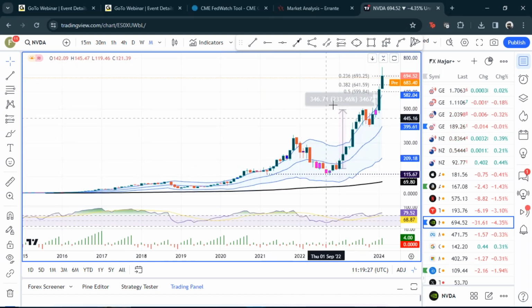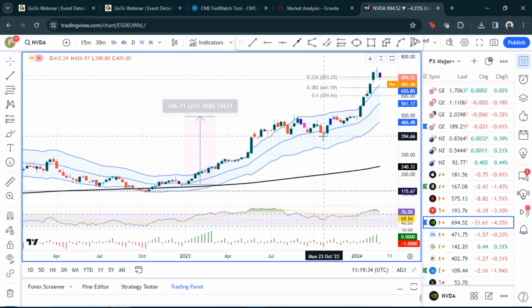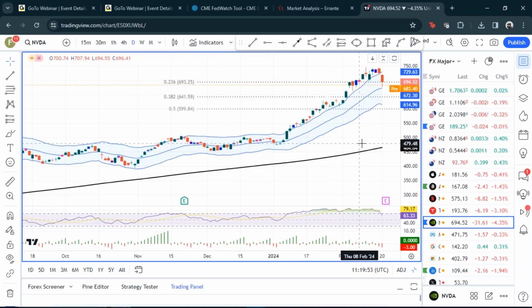You can see consecutive months of gains, very few pullbacks, pullbacks being buying opportunities. Then just over a 50% gain at the intraday high, which was $746.11.